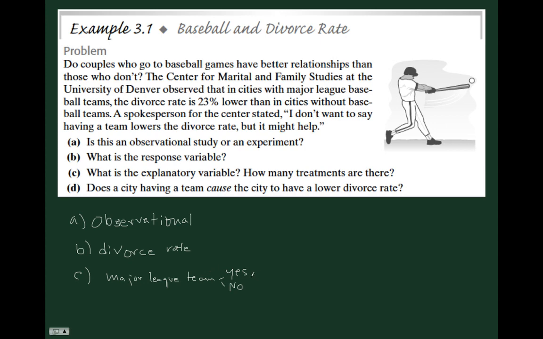So in this case, the explanatory variable would be whether or not there's a Major League Baseball team. And there's only one treatment. And the treatment would be whether or not the city has a Major League Baseball team.